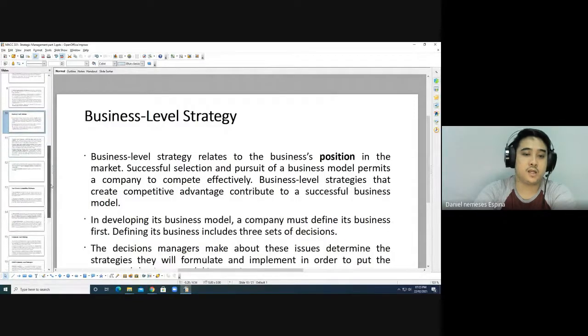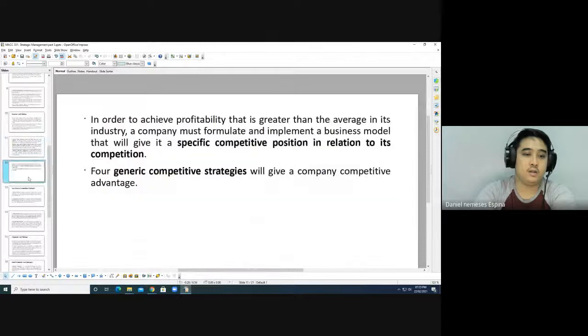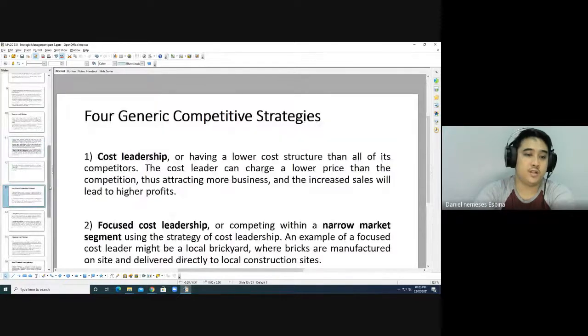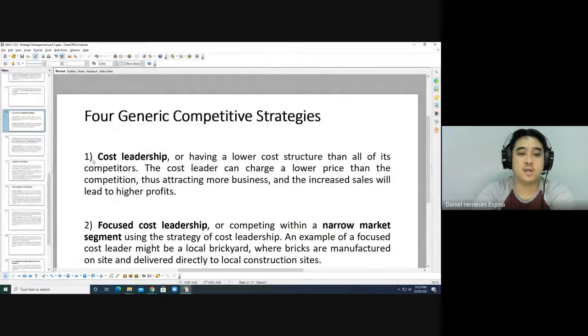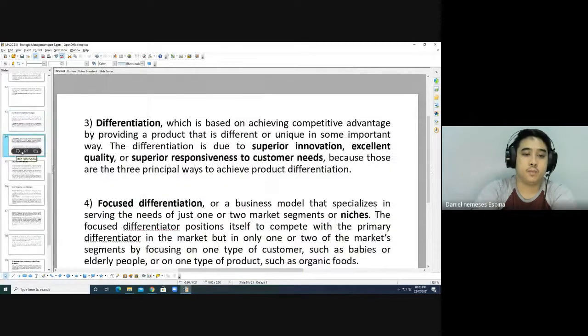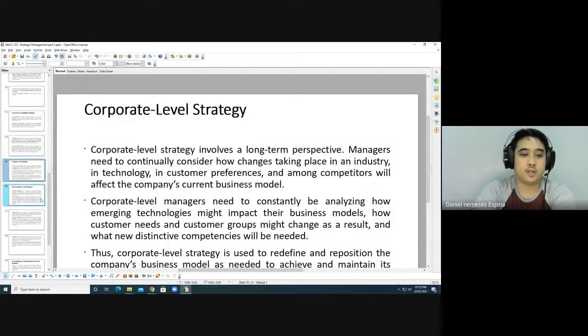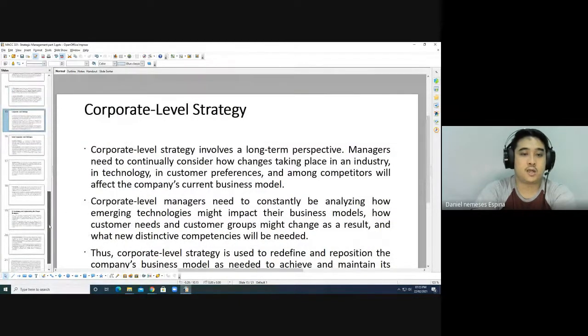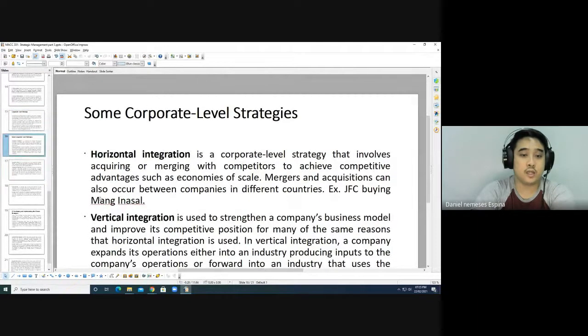So the business level strategies: we have the four generic competitive strategies. You have cost leadership, focused cost leadership, differentiation strategy, and focused differentiation. Then we discussed some of the corporate level strategies, such as horizontal integration, or buying your competitors.